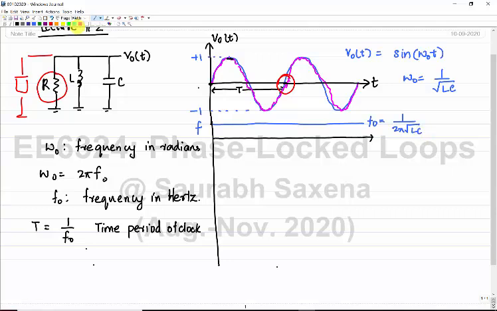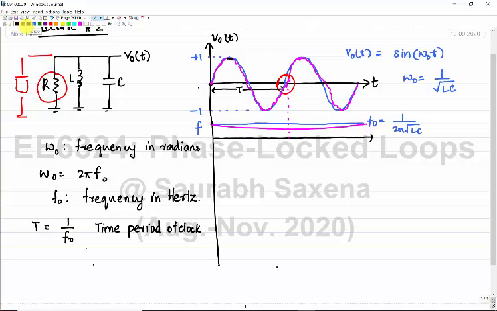But for the magenta one, where you are seeing the variation in the timings, the frequency may drop. If my time period has increased, then my frequency has reduced, right? So you may have some different frequency in the system because of the variation.